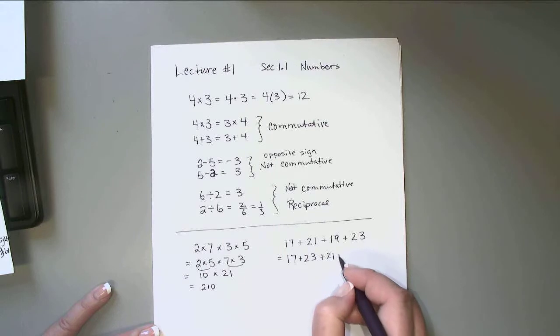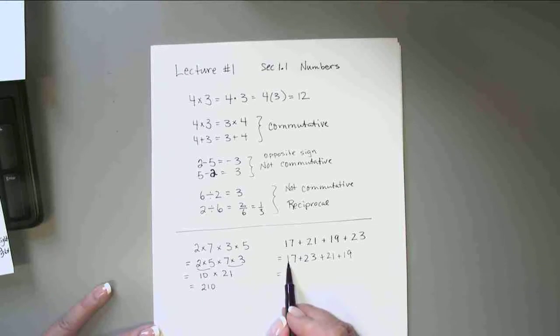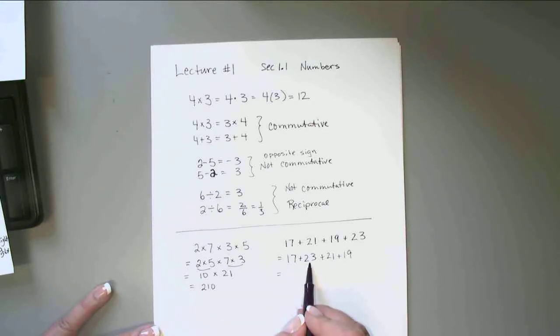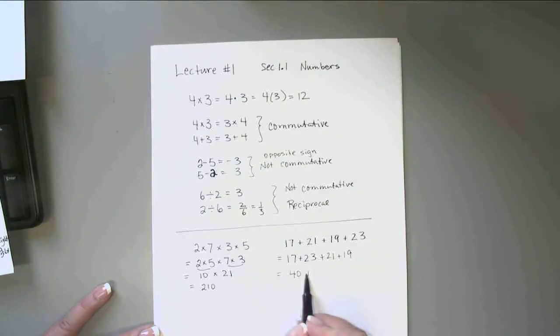The other numbers, 21 and 19, sort of the same thing happens. This is a 9 and a 1, which is 10. So if we add that 3 to the 17, we would get 20, and a 20 here, so that'll be 40.